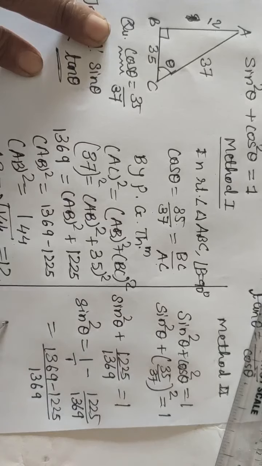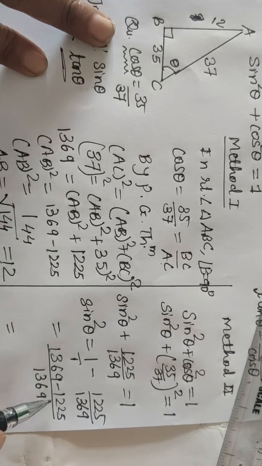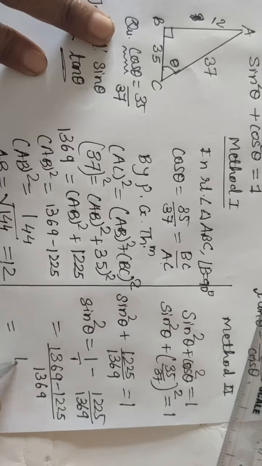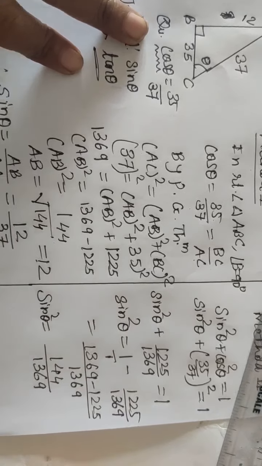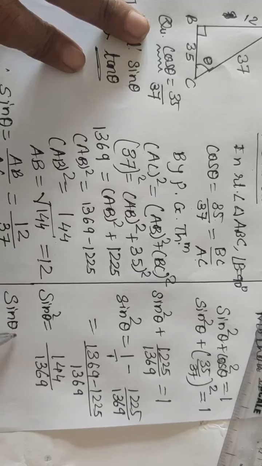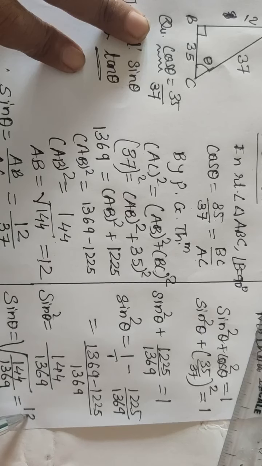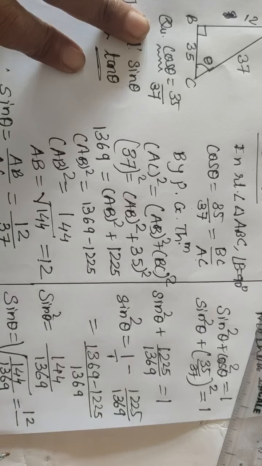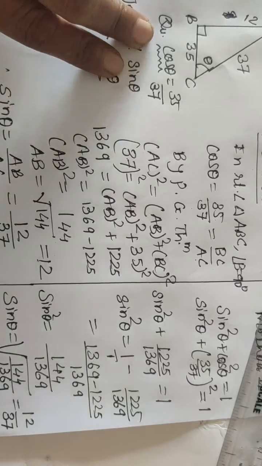You know how to simplify this, it is addition and subtraction of fractions, children. Now 1369 minus 1225 is 144 by 1369, which is the value of sin square theta. You want sin theta, so you take the square root of 144 by 1369. The square root of 144 is 12 and the square root of 1369 is 37. This is one way.